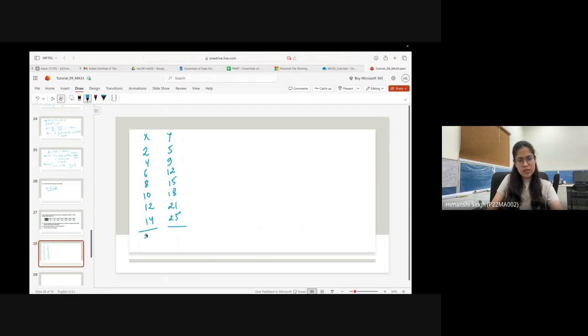The sum is 56, and 56 divided by 7, x bar is 8. And 5 plus 9 plus 12 plus 15, 18, 21, 25 is 105, divided by 7. So y bar is 15.